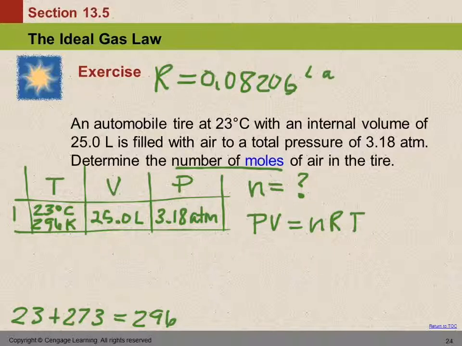Liter atmospheres per mole Kelvin. So here's our equation, and we need to solve for n. One of the nice things about Pivnert is it doesn't have any fractions in it. So we don't have to cross multiply or anything. We can just rearrange it.